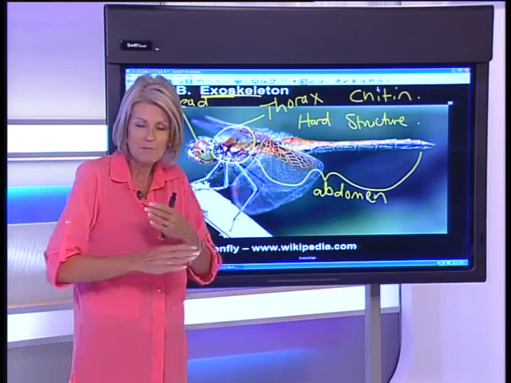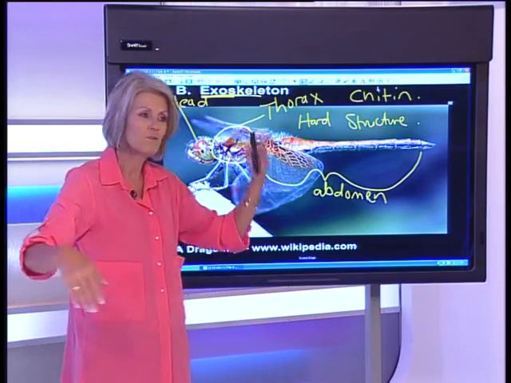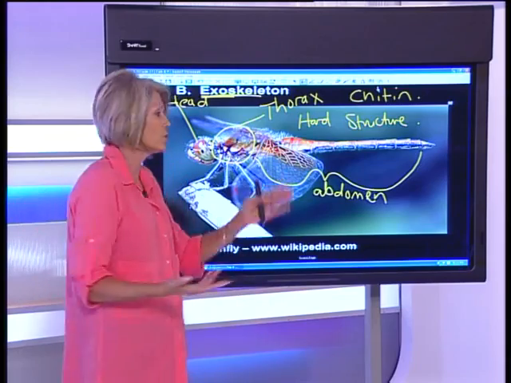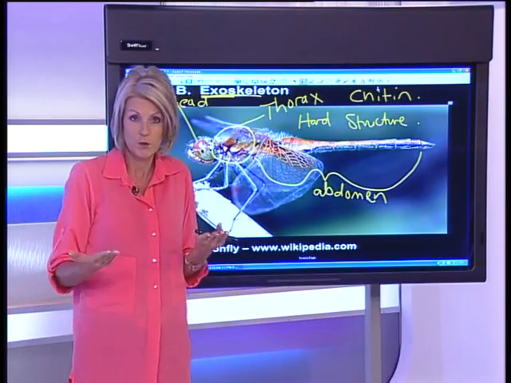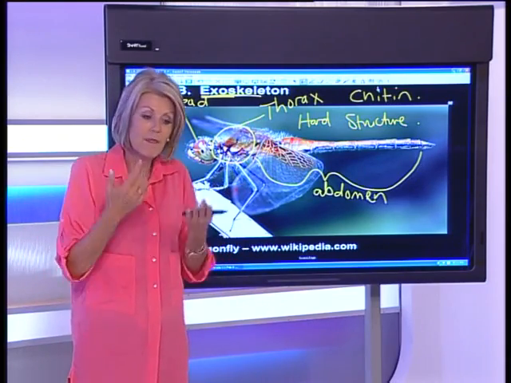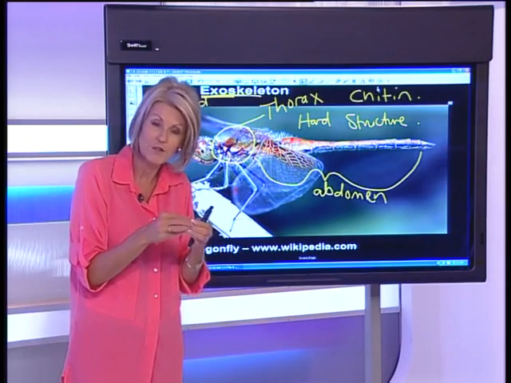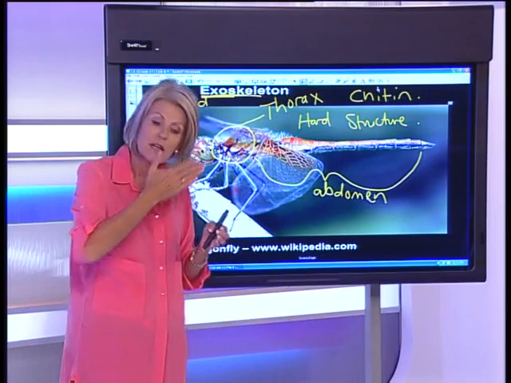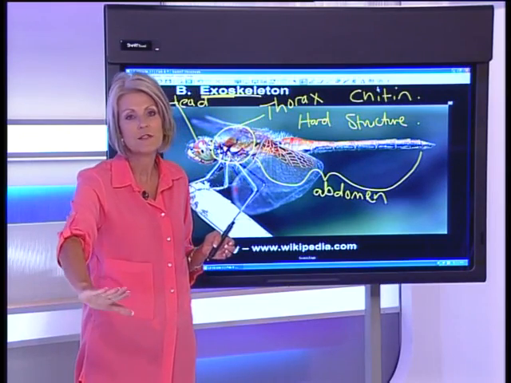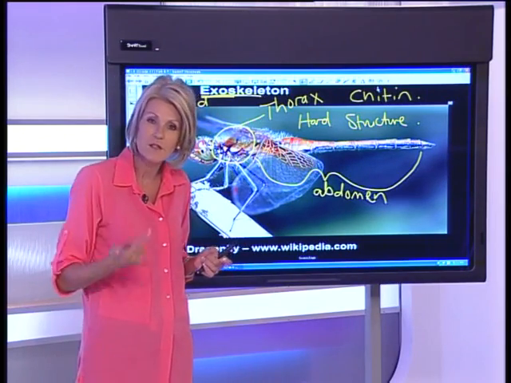And then it breaks out, and your butterflies or your moths or your dragonflies emerge. Your adult emerges. The males and the females mate. They have internal fertilization, and the female lays her eggs, and the whole life cycle starts again.